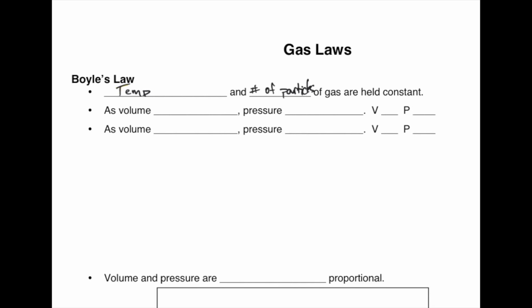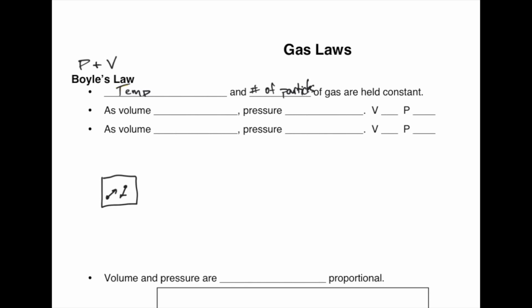And so the easiest way to look at this then, so what we're looking at then is the variables of volume and pressure. And actually, sorry, I should put that up here, pressure and volume, right? So let's say that we have a substance that looks like this, okay?